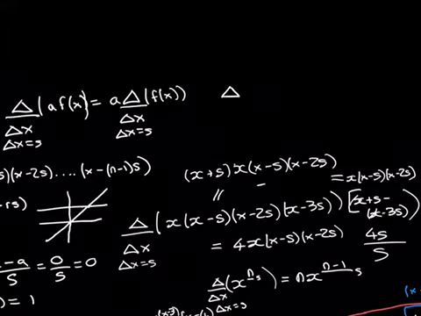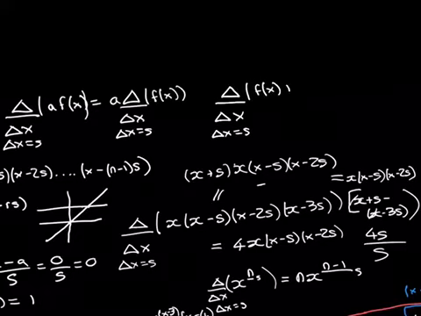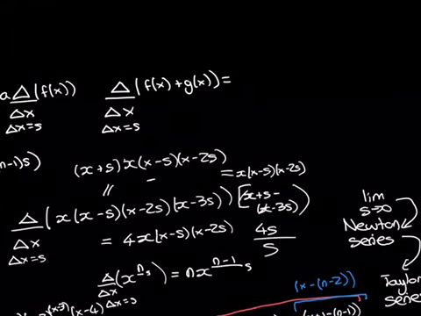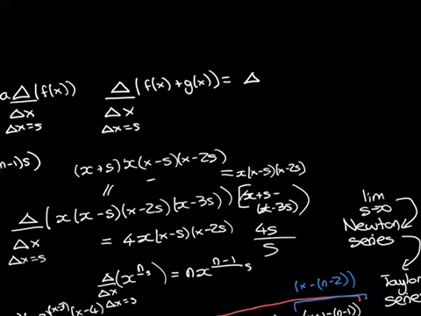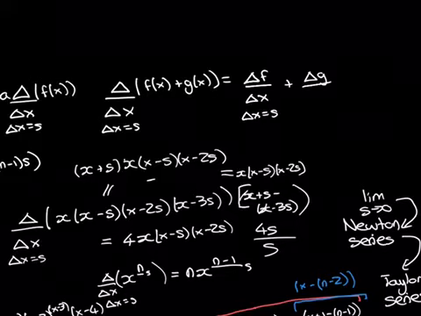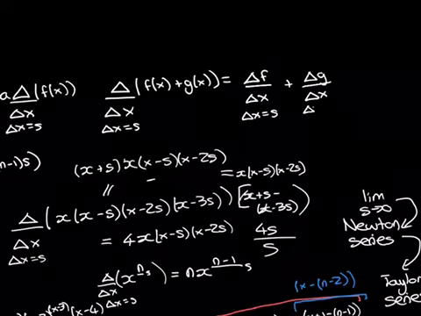Another point is that if you take the derivative with respect to x as delta x is equal to s of two functions added together, so f of x plus g of x, then again, just like in normal calculus, it's the derivative of f with respect to x as delta x is equal to s plus the derivative of g with respect to x as delta x is equal to s.